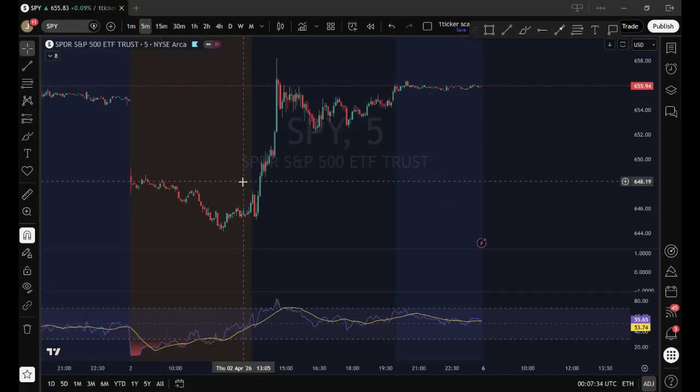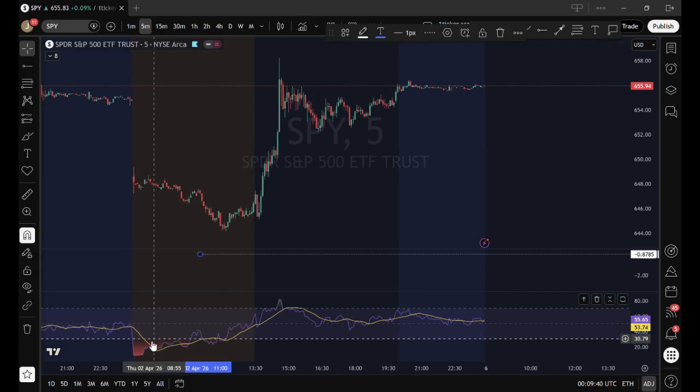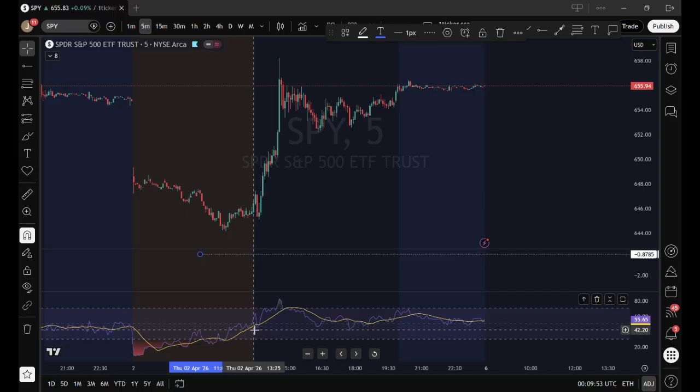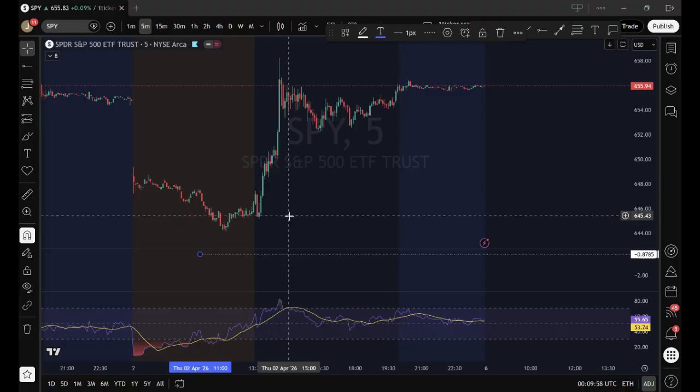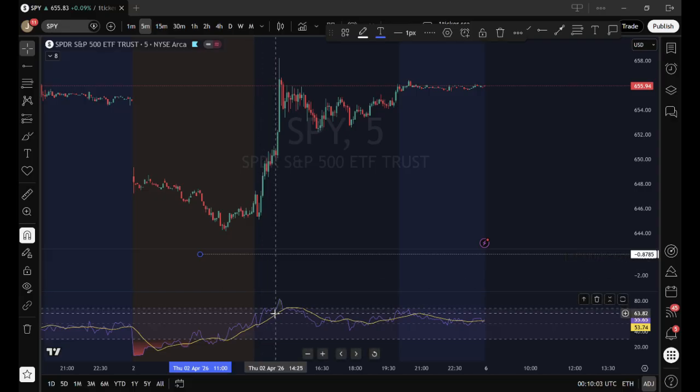Here's how I use the RSI with the SPY. I do not use it by itself. I use it with price action levels, support and resistance, and confirmation. You can see right here, right before pre-market, we're way down here below the 30. And this brown, this is pre-market. When we get this color right here, the bluish black, whatever you want to call it, when we started moving up, our RSI started going up.